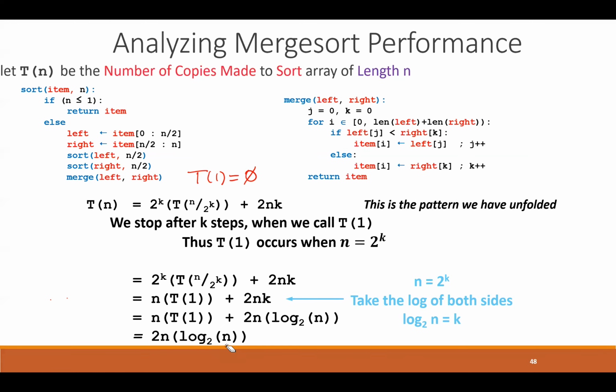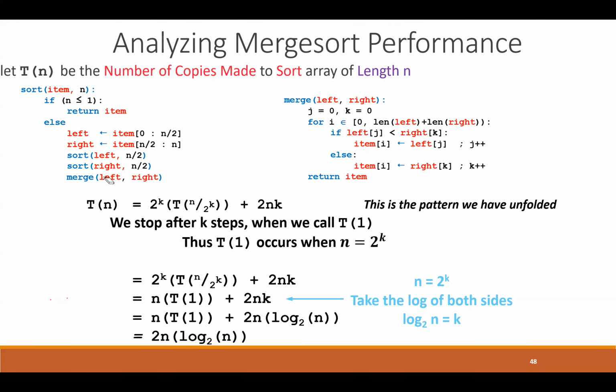So what did we do? We counted how much work is done at each recursive call. That was my 2n, n here, and n here. And then I made a recursive function using T(n). I counted for these 2 recursive calls plus my 2n.